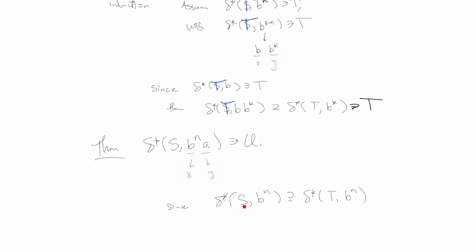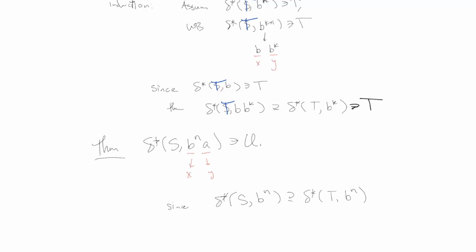But here, because there's an epsilon arrow from S to t, it means all the states you can get to from S and b to the n are contained in the states you can get to from t and b to the n. So before doing anything from S, you can do the epsilon first and do the same thing from t, all right?